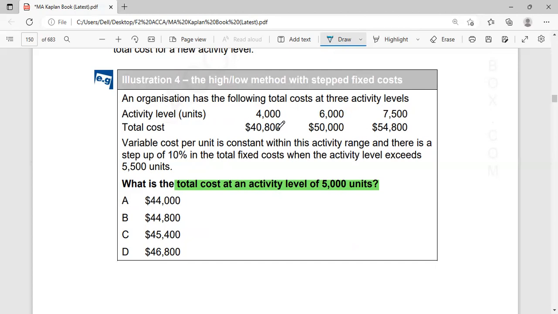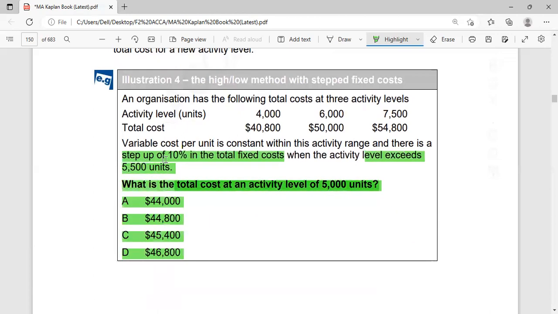Total cost for 4,000 is $40,800, for 6,000 is $50,000, and for 7,500 is $54,800. Variable cost per unit is constant within this activity range, and there is a step up of 10 percent in the total fixed cost where the activity level exceeds 5,500 units.